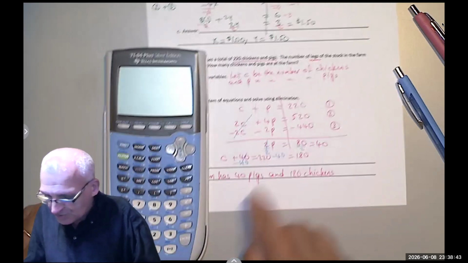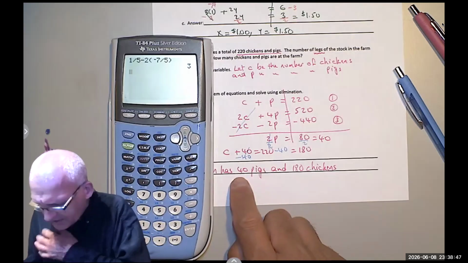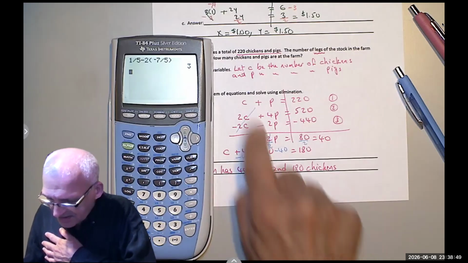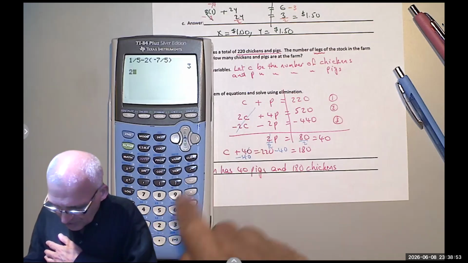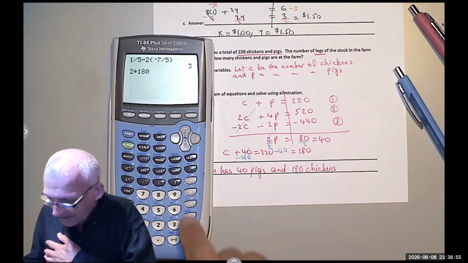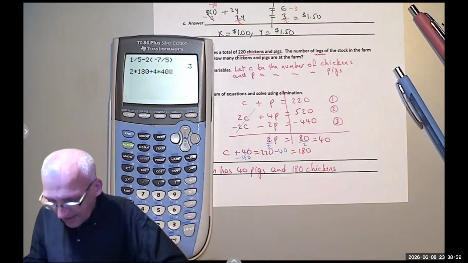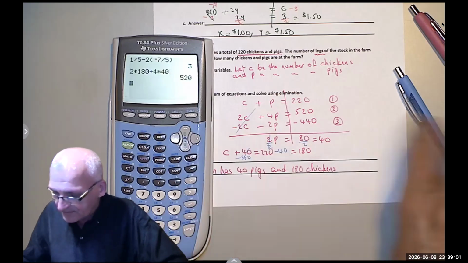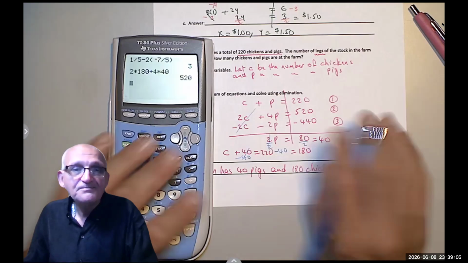So let's substitute in the second one. Excuse me. C, I have 2c. If c is 180, so 2 times 180. And p is 40, so 4 times 40. I add them up, I get 520. So I check my answer and I'm done.